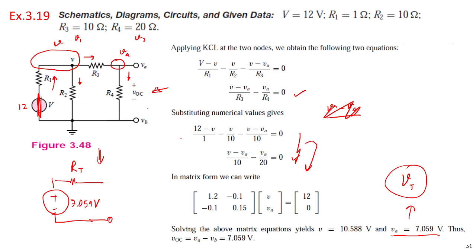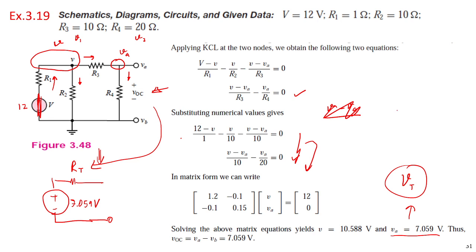You will get R Thevenin. So this circuit can be represented by this circuit, the equivalent circuit.